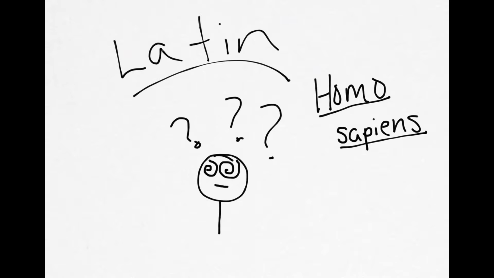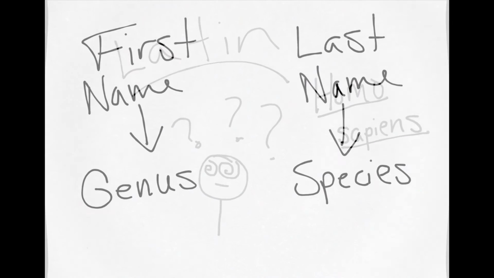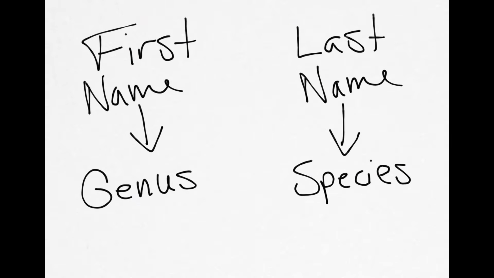Scientific names, just by looking at them, don't be scared. It's really easy to understand. Think of it as having a first name and a last name. The first part of a scientific name is the genus. Whatever genus the organism belongs to, that is its first name.